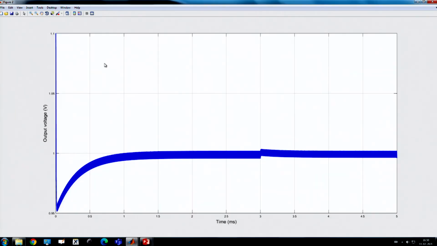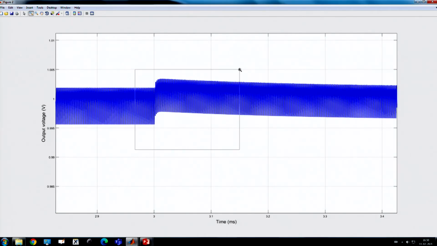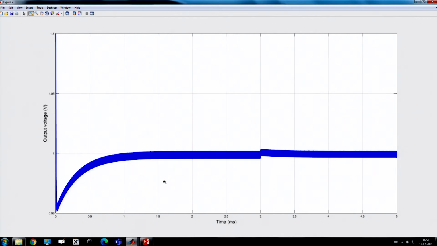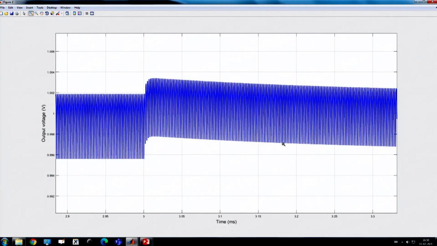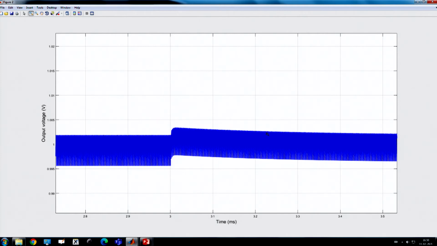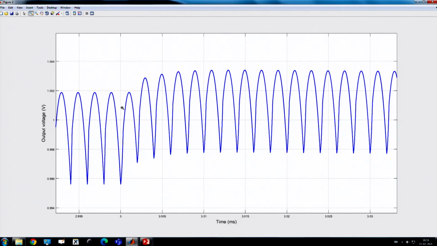Our model says there is no effect, but actually there is a slight effect, although it is negligible, so it is reasonable. Current mode control has excellent audio susceptibility, or you can say line regulation. So there is no problem. It responds immediately, with almost no change, less than 1 or 2 millivolt.